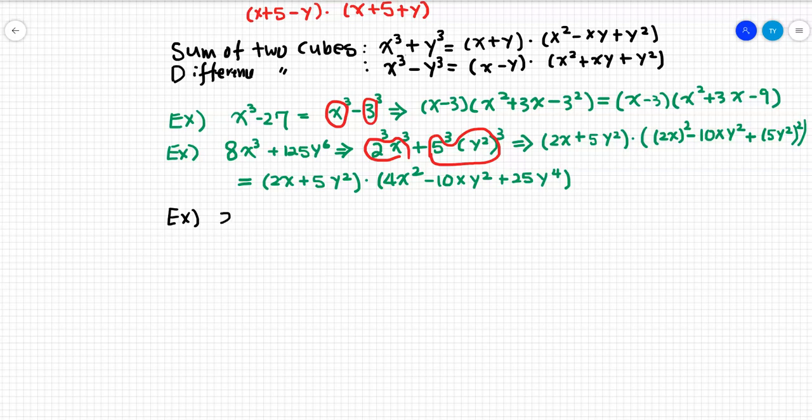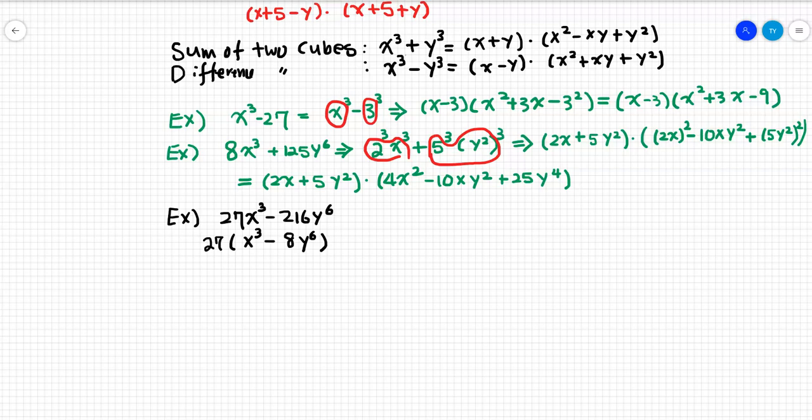So here's one example: 27x cubed minus 216y to the 6. Now you could try 27 as 3 times 3 times 3, but if you look carefully, you can take out the 27 as a common factor. So if I take out the 27, I have x cubed minus 8y to the 6, because 8 times 8 times 8 is 216.